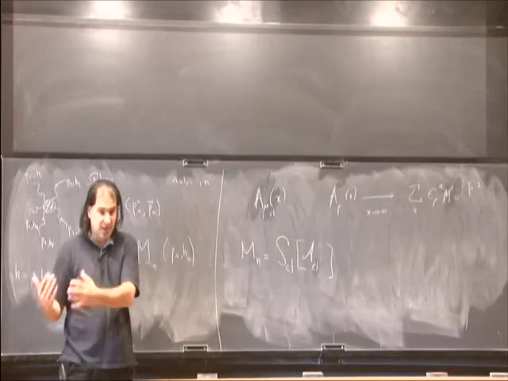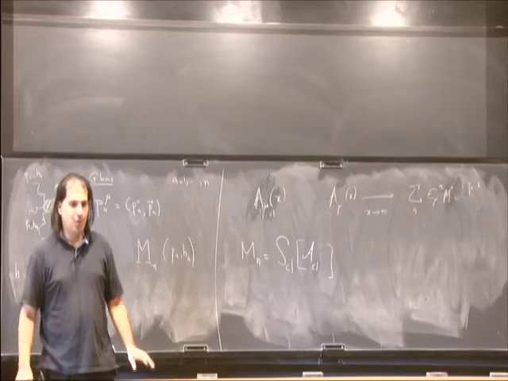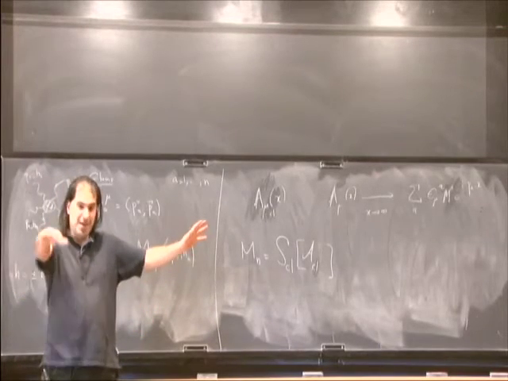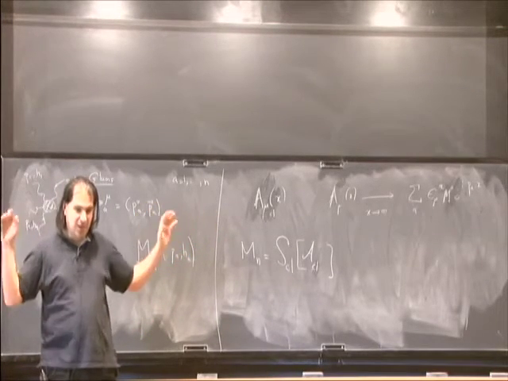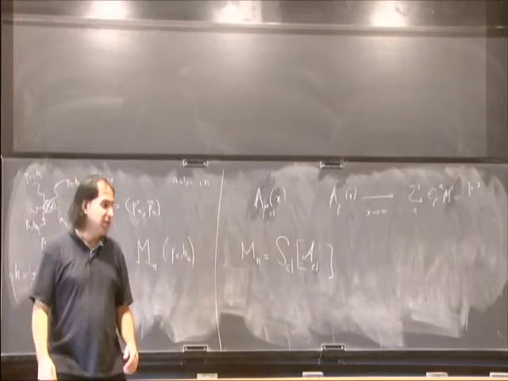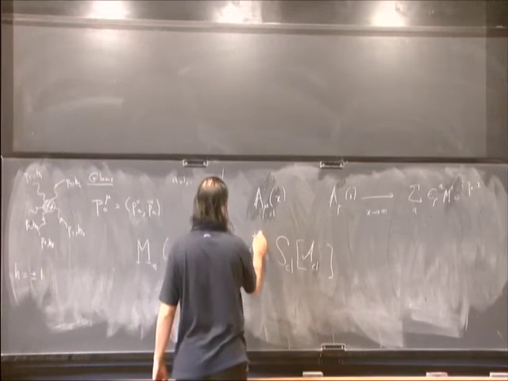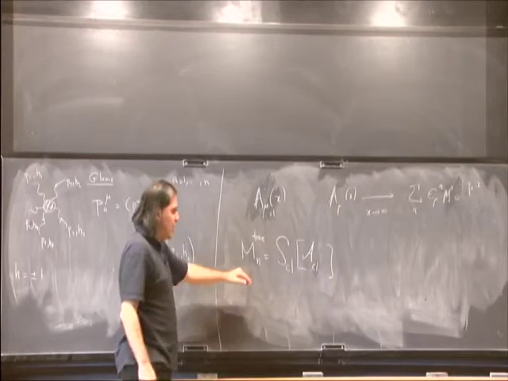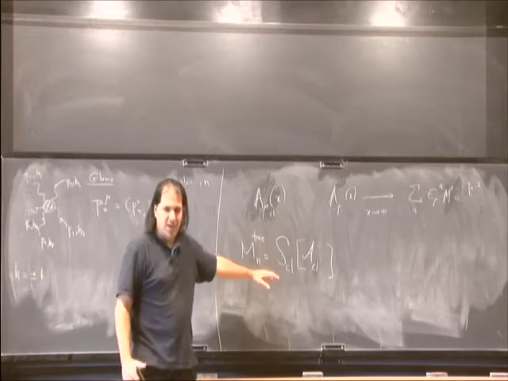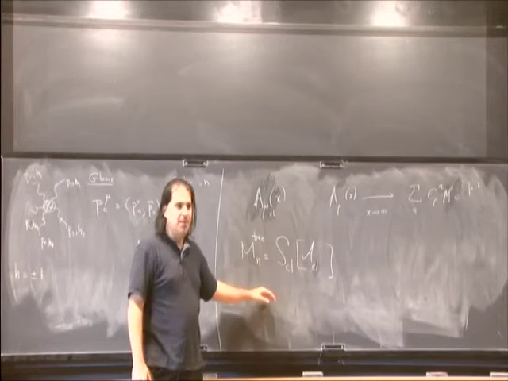But if you evaluate the classical action on the solution, and the solution is labeled by this data that tells you what it's doing at infinity, that is actually equal to the tree amplitude. This turns out not to be a very useful formula for doing any sorts of calculations, but it is true.